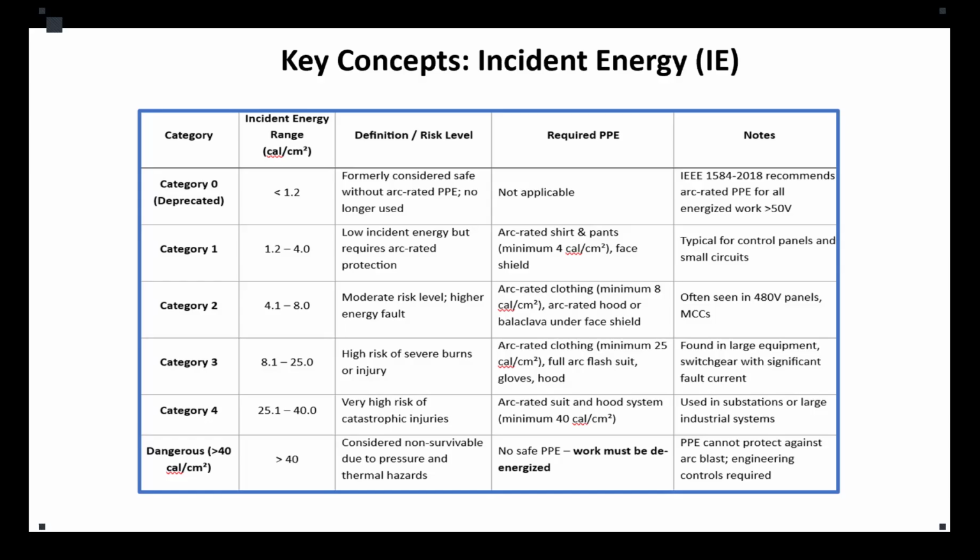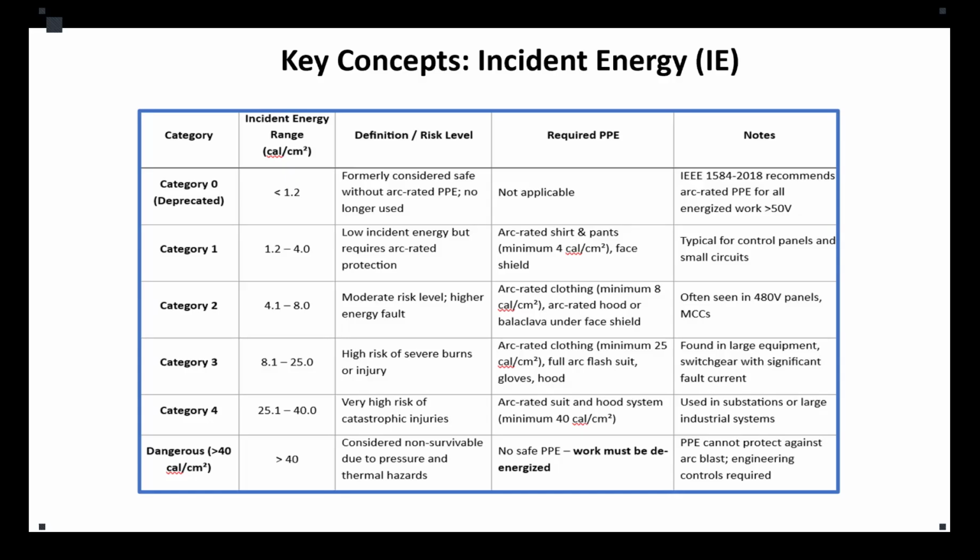Now, the IEEE 1584 defines a few critical thresholds that you need to memorize and pay attention to. The first threshold is when our incident energy is 1.2 calories per square centimeter, which is the threshold for second degree burns.